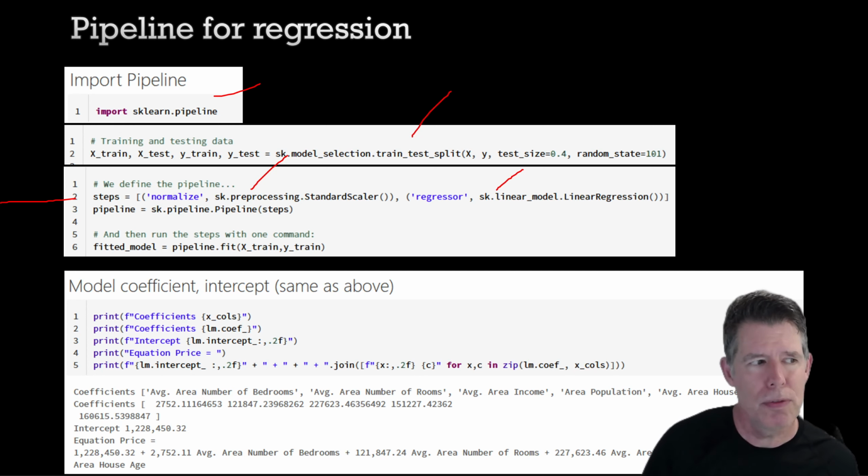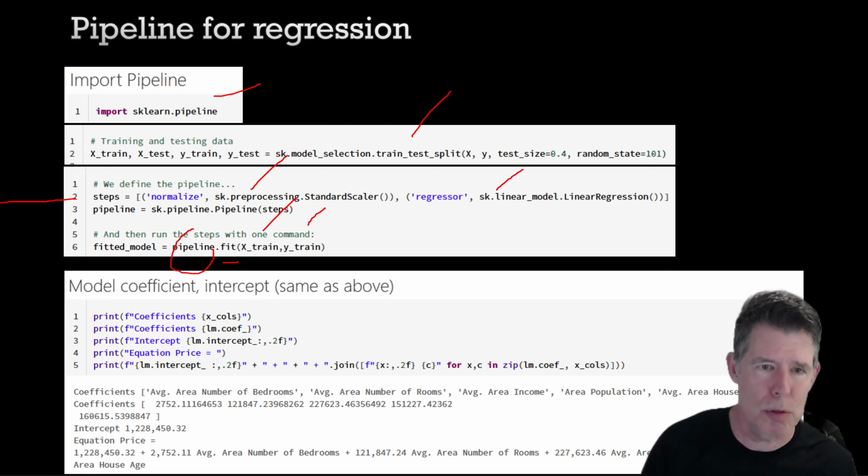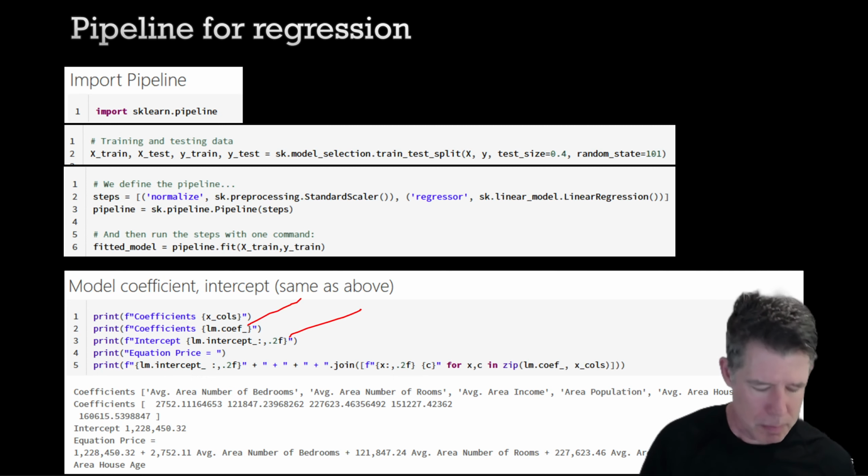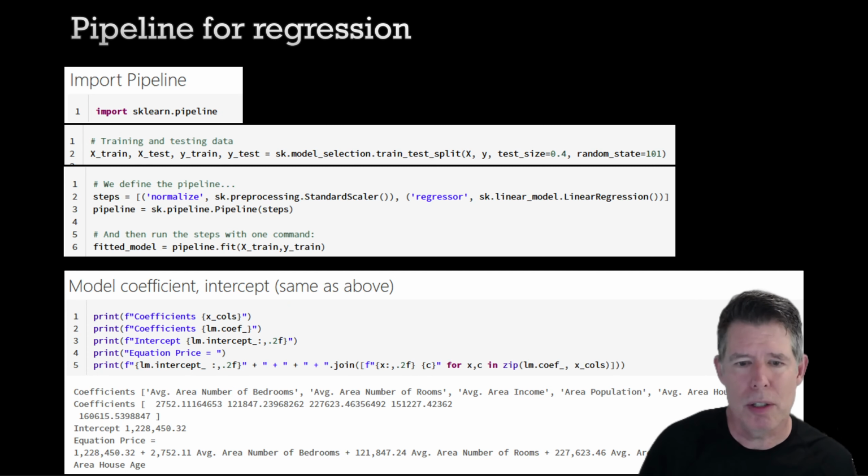And just like you fit the linear regression against the data, we fit the pipeline against the data. Same process essentially, and as a result we get a fitted pipeline or fitted model. And then once we have that, we can print out various things about the model, like the coefficient, intercept, and so forth.